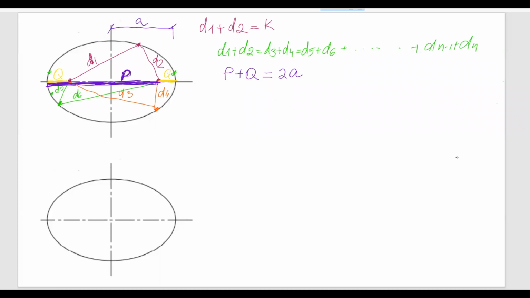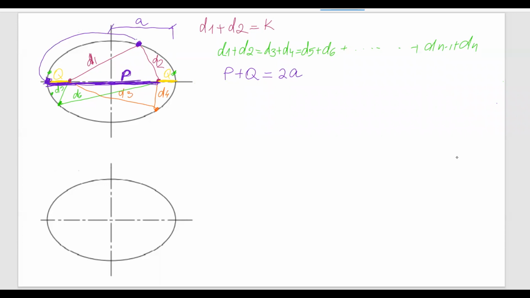This is A. And P plus Q equals 2A. Next, let's imagine that I take this point and bring it all the way to the vertex here.